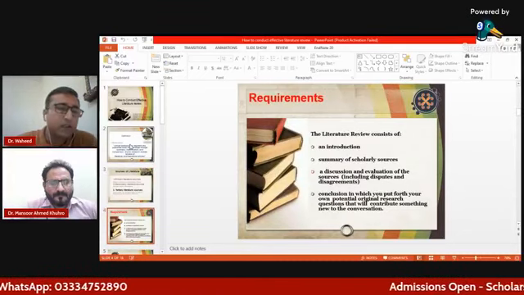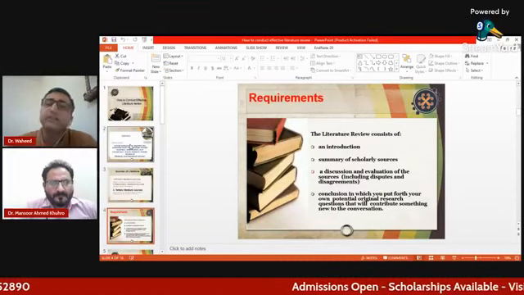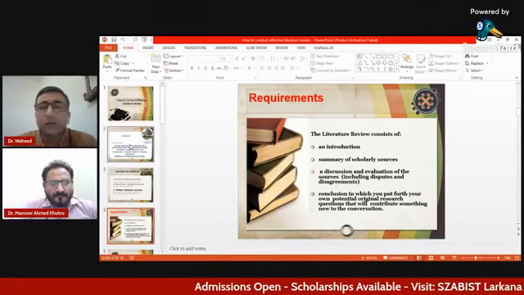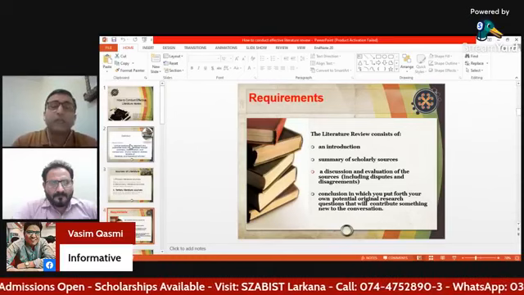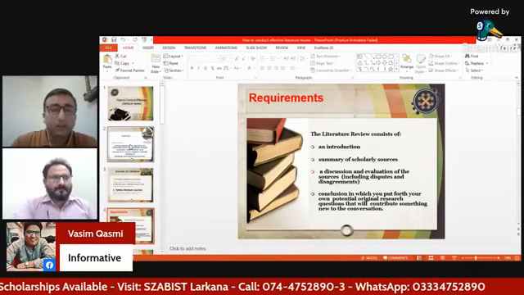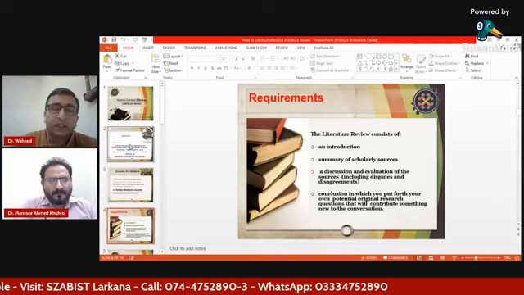The fourth slide is the requirements that we discussed. When we are trying to write the literature review, we need to have the introduction where we define the overall understanding of that topic and the works that have been done so far.